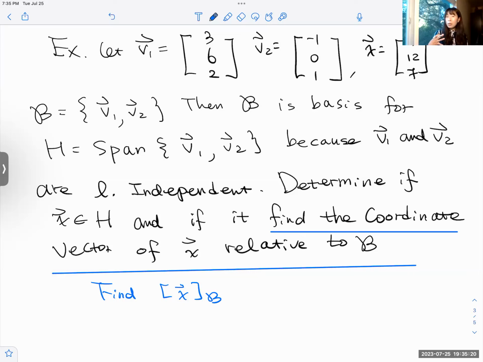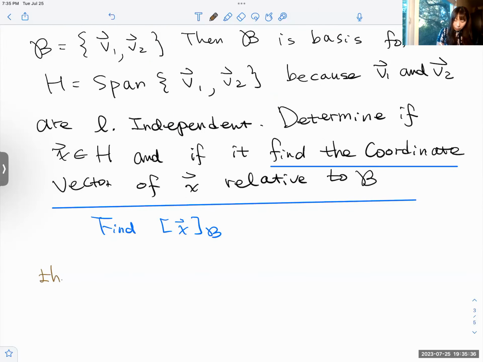So basically we are looking for scalar coefficients in a linear combination form, right? Okay. So think: c sub 1, b sub 1 plus c sub 2, b sub 2, right?